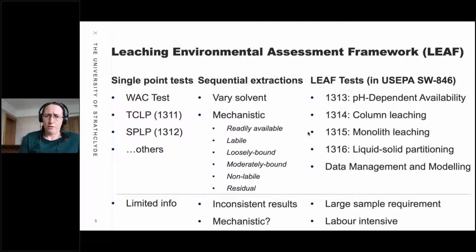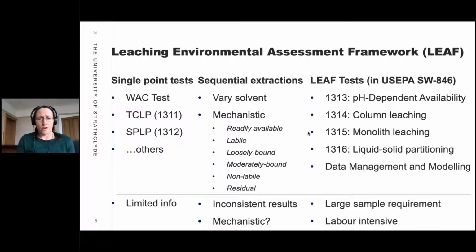1313 is pH dependent leach availability, so you're looking at a pH range between 2 and 13 and what happens across that whole range. Column leaching is what it sounds like. You're passing fluid through a column and measuring what comes out from it.